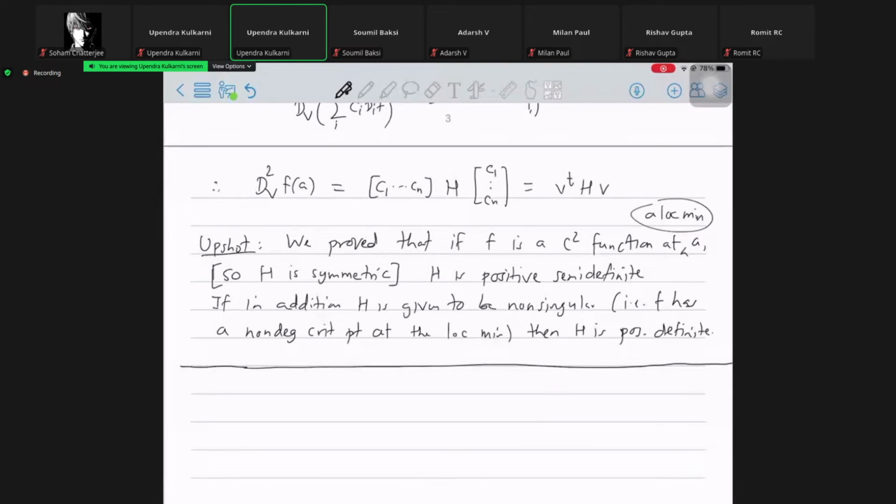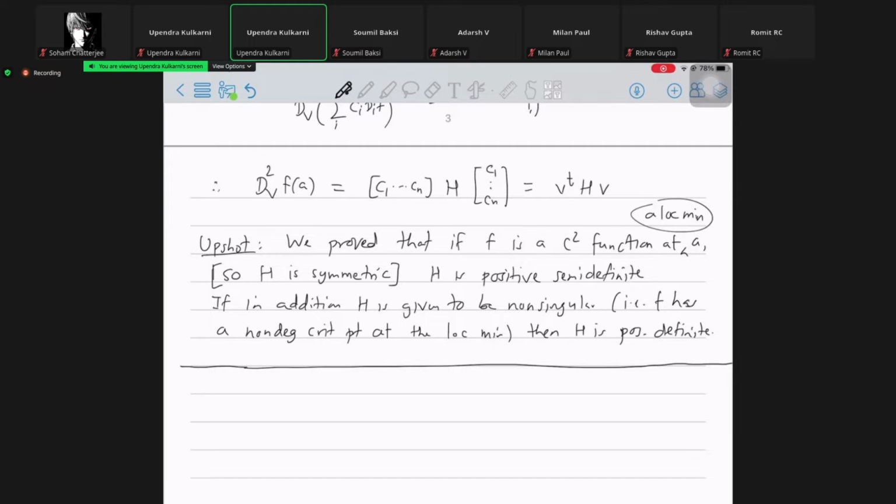Okay, so now what we want to do is to prove a converse, which was our goal last time. Often in practice, what we want is to find the maximum or the minimum. Just like in one variable calculus, we find the critical points, and then we would like to test whether each is a local maximum or a local minimum. So I want to go in the other direction, and the result is what we stated yesterday.